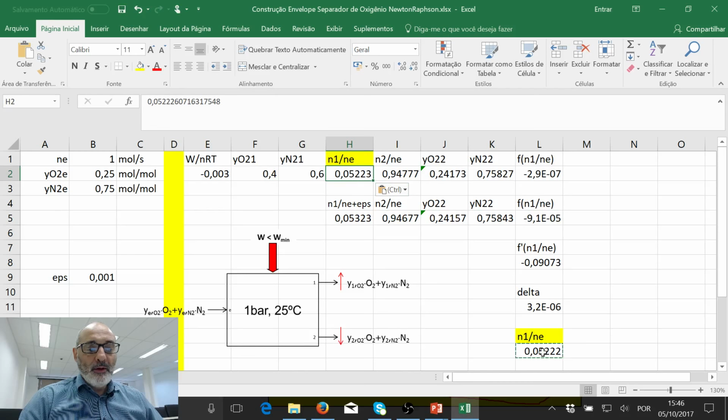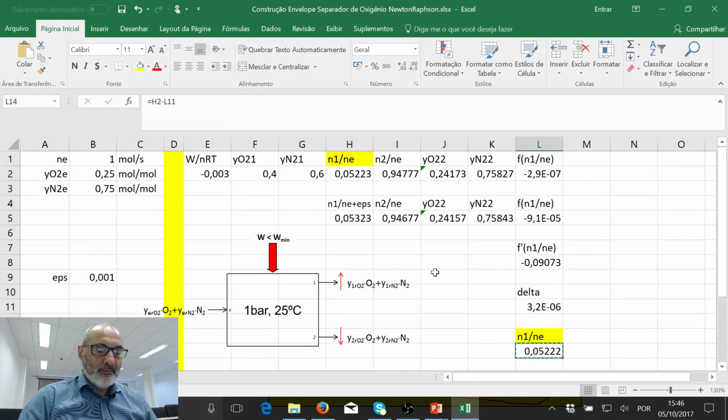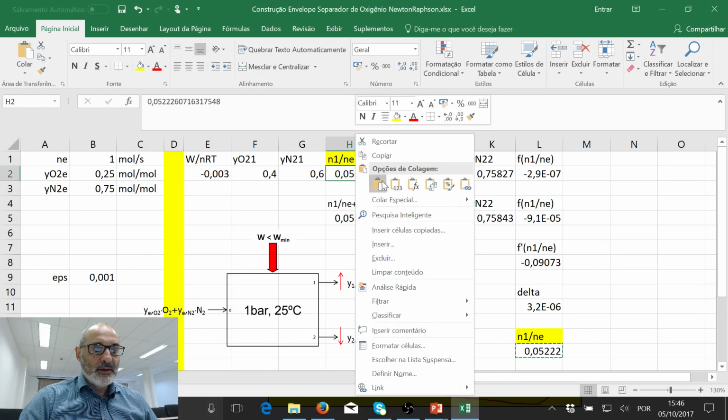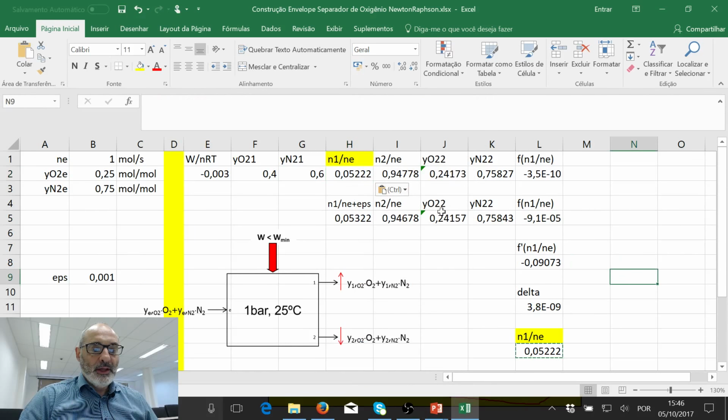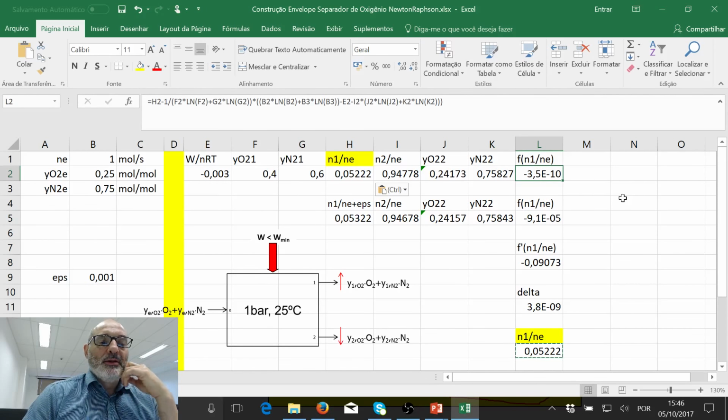You see 5223, 5222, copy, paste number, and now it's the same. Two iterations already give me the solution near zero here. So it's a very simple method to apply.